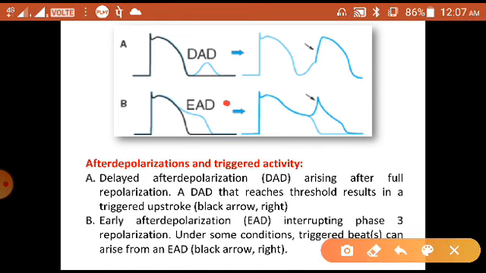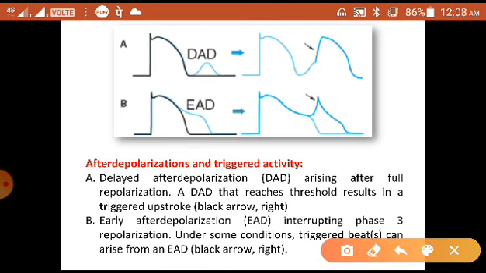This extra impulse has not allowed phase 3 to complete. The repolarization has not completed. So before the repolarization completes and it goes to the refractory period, it has started a new cycle. So it goes very fast. This is one condition.